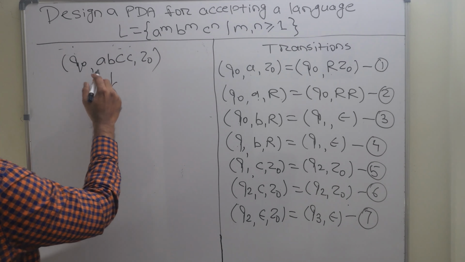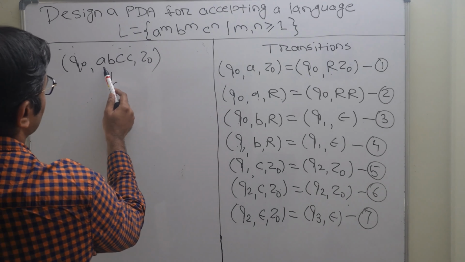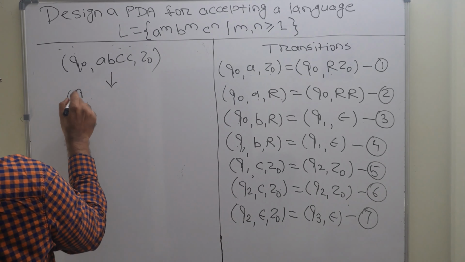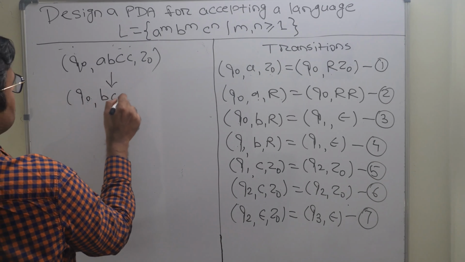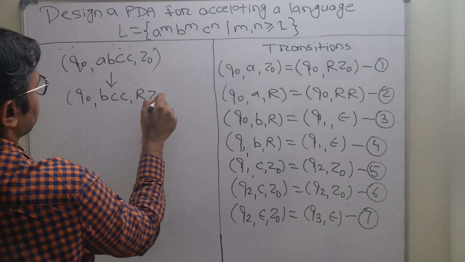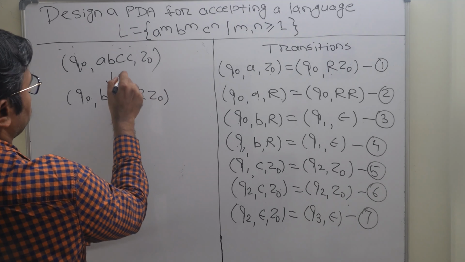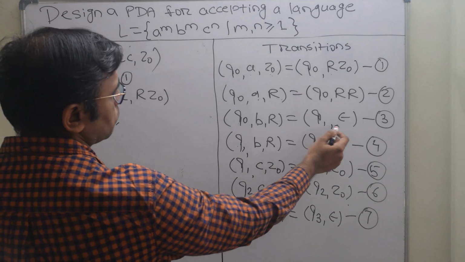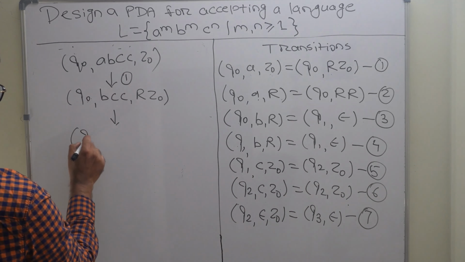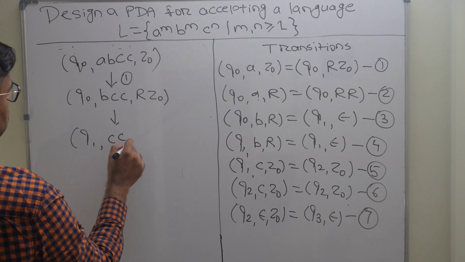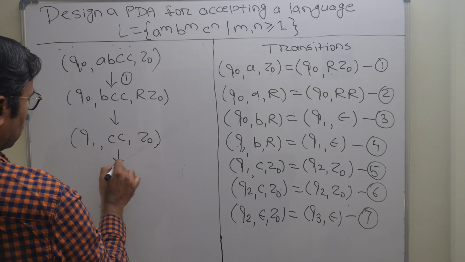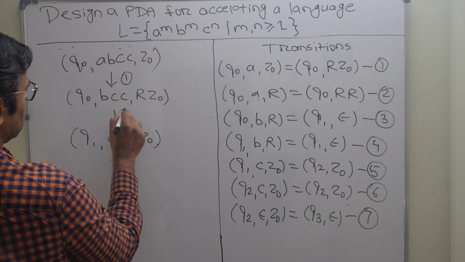Q0 is the state, A is the input symbol, Z0 is the stack top, equal to Q0 B C C R Z0. So I have applied rule number 1. Then Q0 B R is Q1 epsilon. So it is Q1 C C Z0. This is rule number 3.